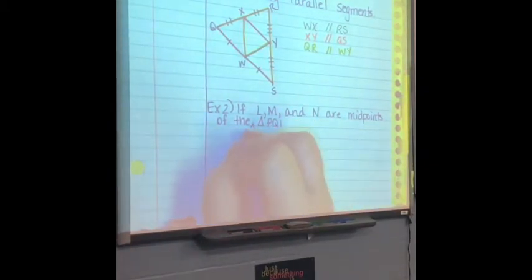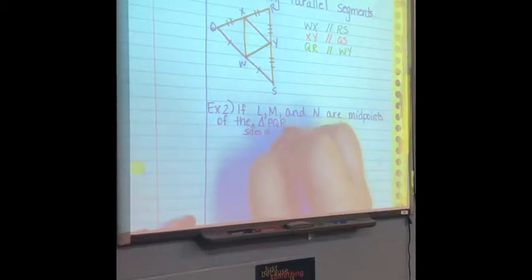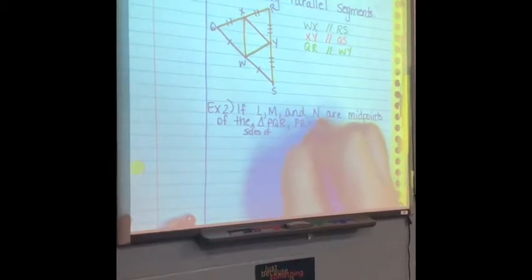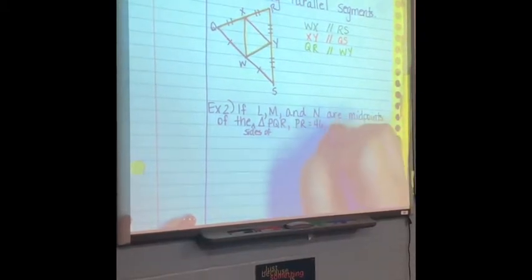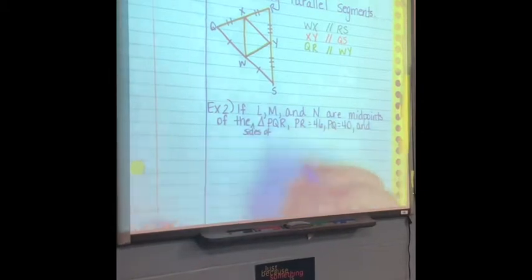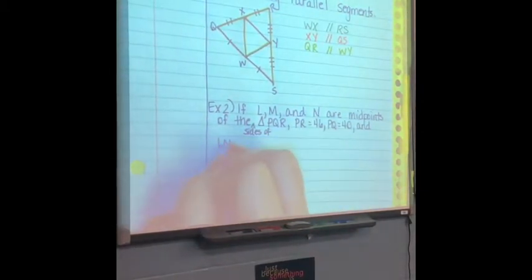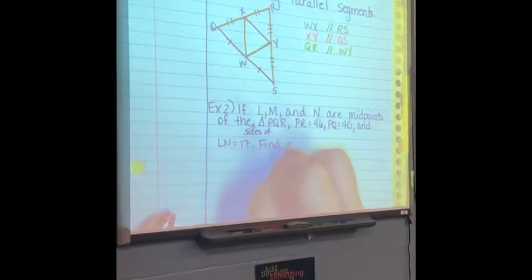Supposed to say midpoints of the sides of triangle PQR. And PR is equal to 46. And PQ equal to 40. And LN equal to 17. Find each measure.